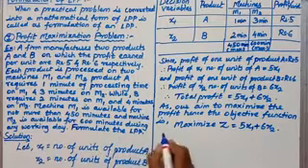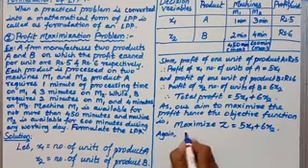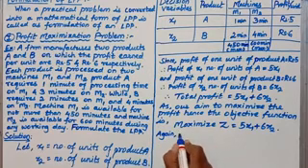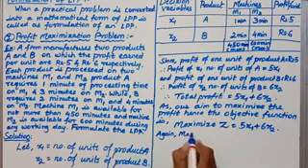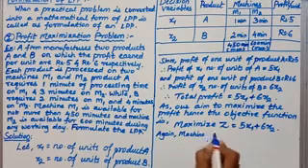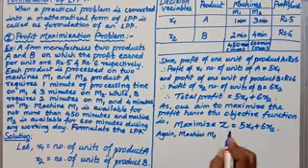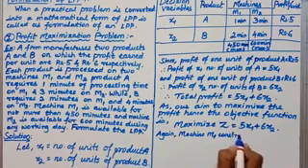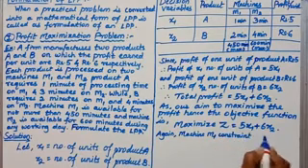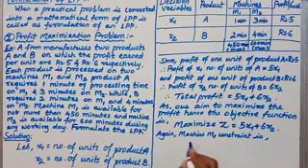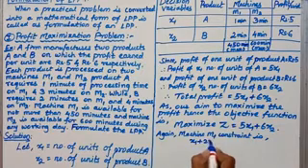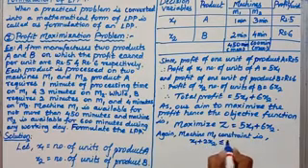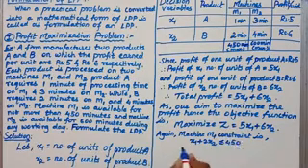So let me write again. The machine M1 constraint is x1 plus 2x2 less than or equal to 450.